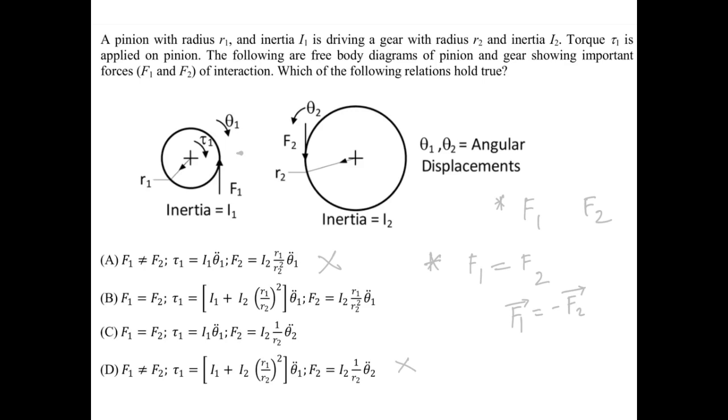So now we only have to pick among the two, ruling out the rest. At first look this seems to be the answer, but once we implement all the concepts step by step, two concepts, Newton's third law and applying Newton's second law to each of those bodies, keeping in mind that when two things are in contact, the velocity at the point of contact should be the same, implementing these two concepts, we can rightly pick this particular answer.